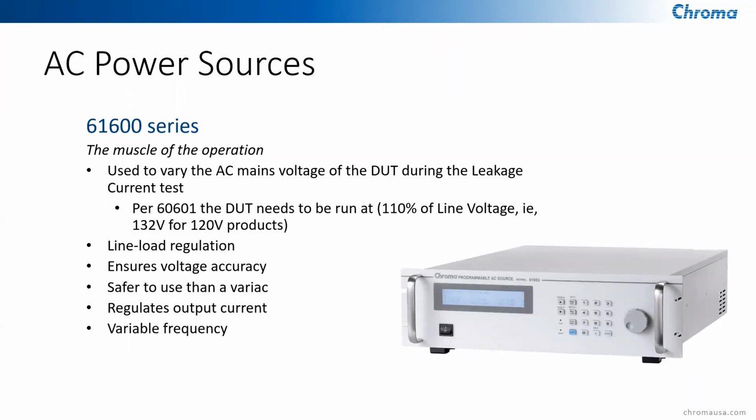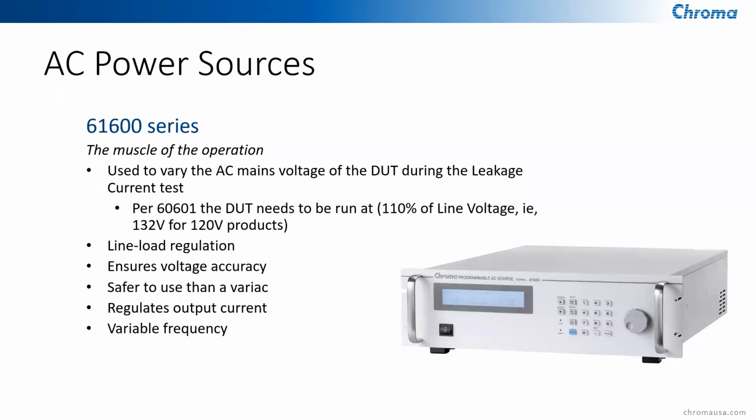And we do also have AC power sources. Our 61600 series is most commonly used with medical device testing because it is one of our more basic AC power sources. This is considered the muscles of the operation. It is used to vary the AC mains voltage of the DUT during the leakage current test. As I mentioned earlier, for 60601, the DUT needs to be run at 110% of line voltage.